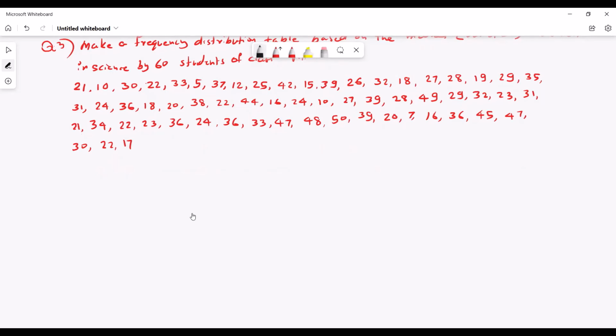Then let us start. First will come the groups, otherwise class intervals.